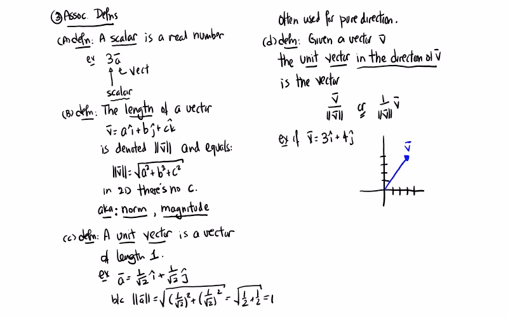So if you take this thing and you divide it by its length, this is the square root of 3 squared plus 4 squared, which is the square root of 25. This is why I changed the values to make it nice, which is 5. So if I take 1 over 5 and multiply it by V, I multiply 1/5 times both of the components. So 3/5 i plus 4/5 j. This is now a unit vector.